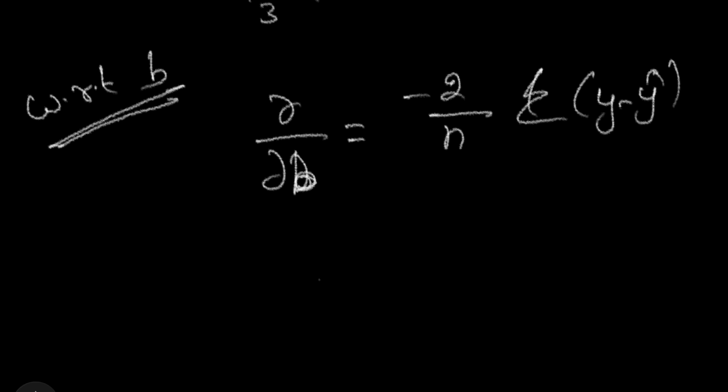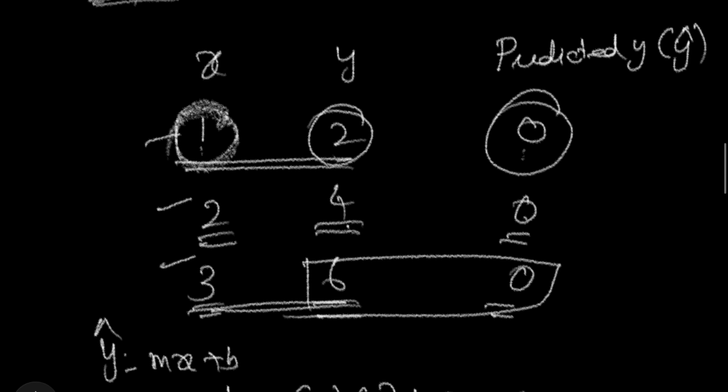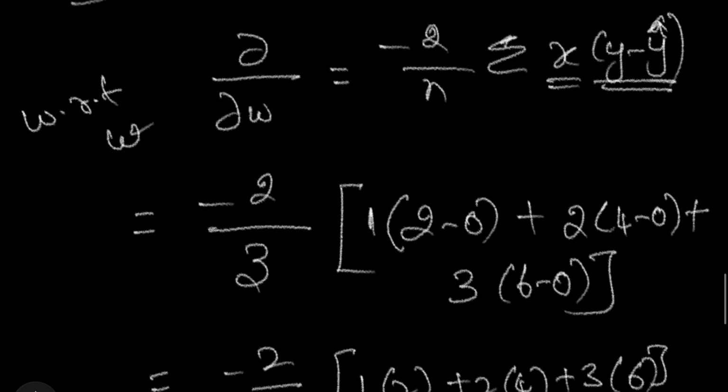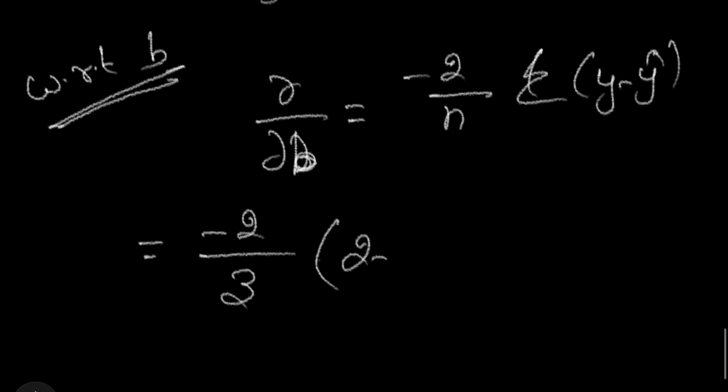This is the formula used for calculating the gradient with respect to bias. I'll do it for the given data, a total of 3 samples, with y minus predicted y being 2 minus 0, 4 minus 0 and 6 minus 0. So we will have 2 minus 0 is 2, plus 4 minus 0, plus 6 minus 0.